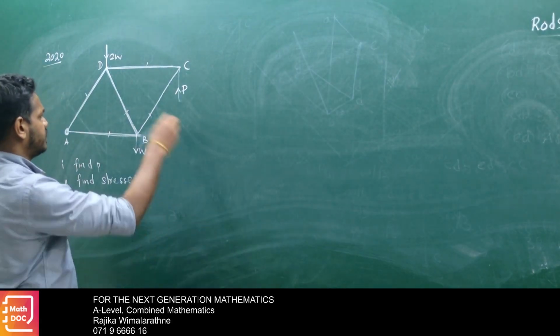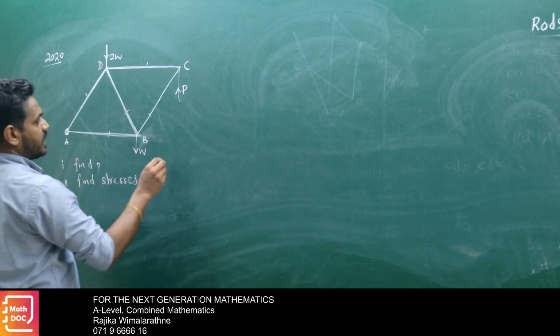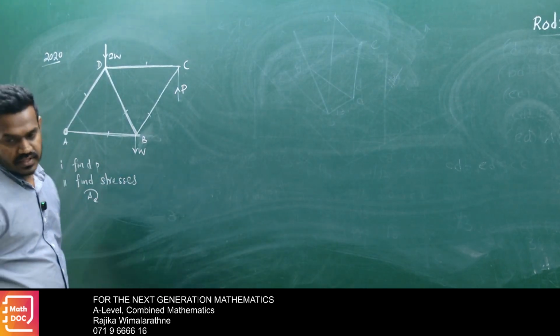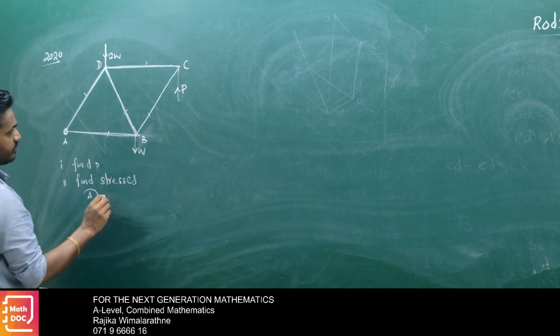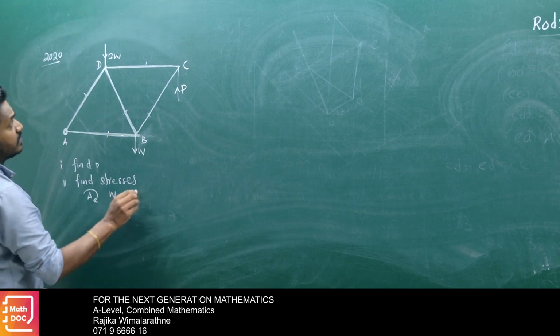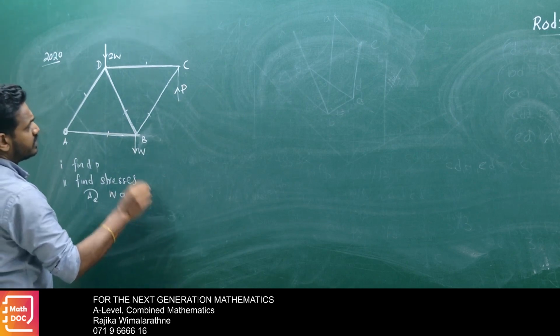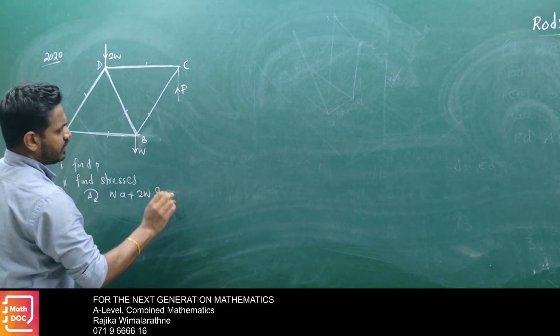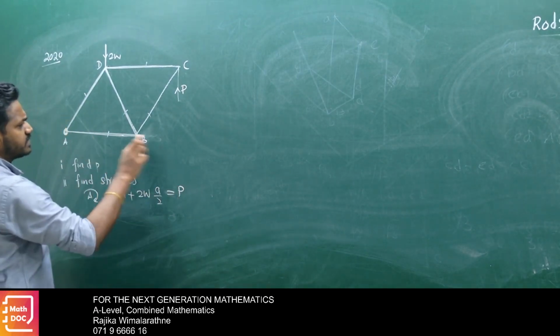Okay, now take moment about A first. To find the P value, take moment about A: W into A, 2W into A by 2, equals P into A plus A by 2.